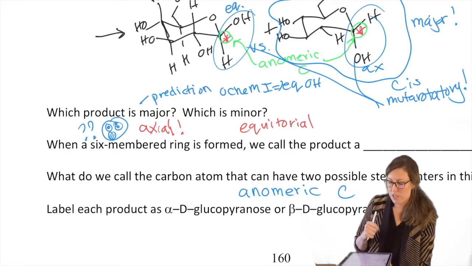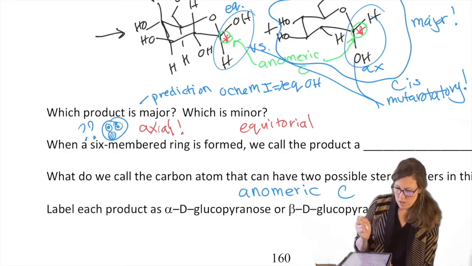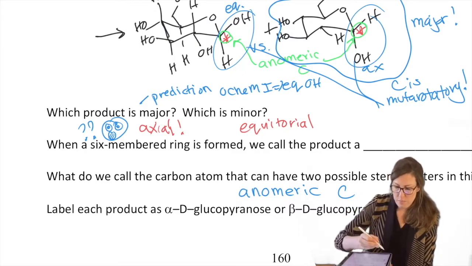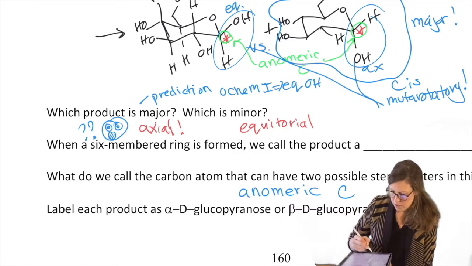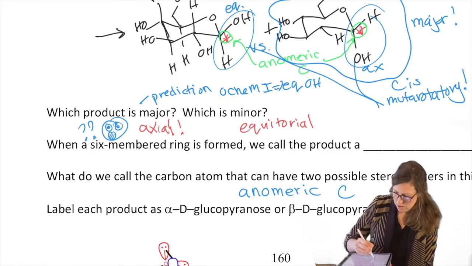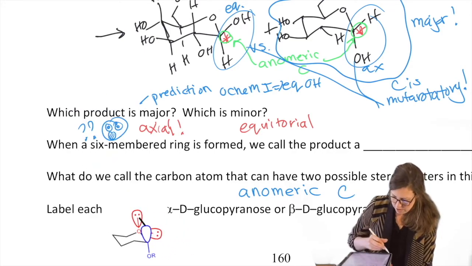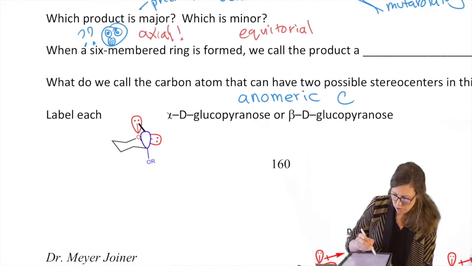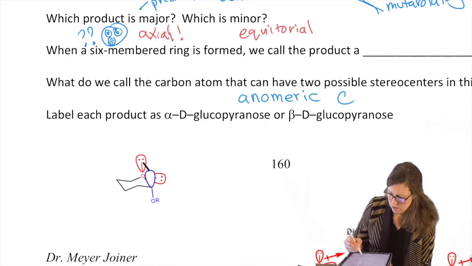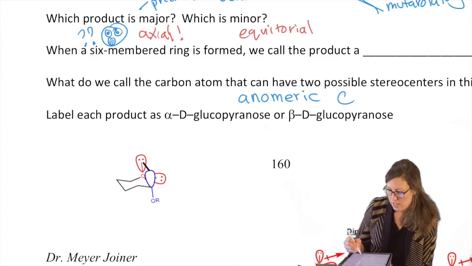That's the first question. You can draw these by hand if you want, but my drawing gets a little limited once I start drawing a chair with orbitals on it. But there's a reason for this, that the equatorial OH is not as favored as the axial.